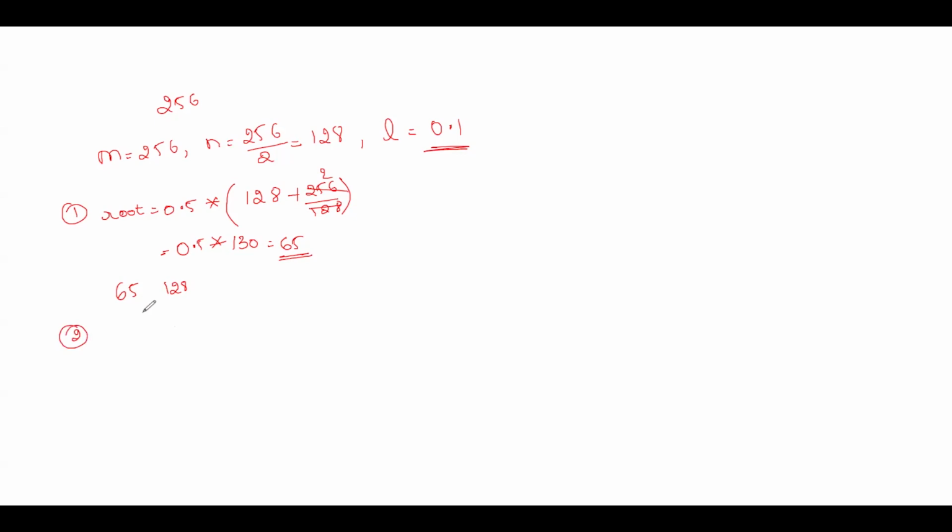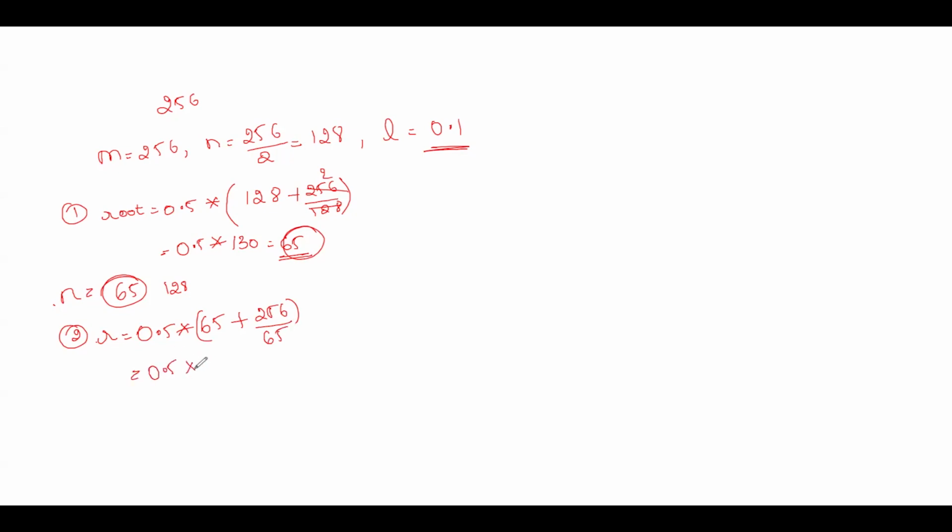Now my value of n will change to the value we have calculated as root. So now n is 65. Once again, we will calculate root is equal to 0.5 into 65 plus 256 divided by 65.